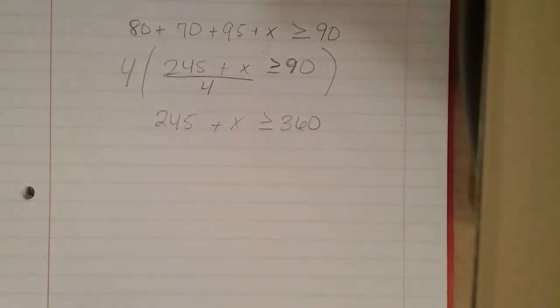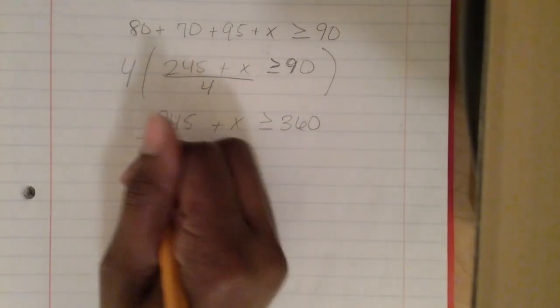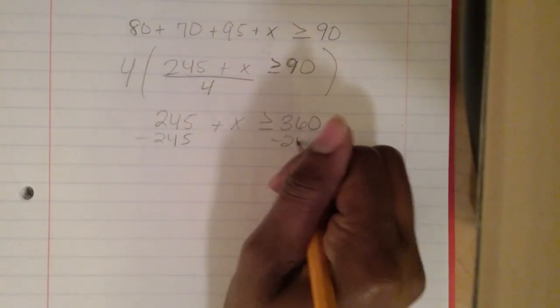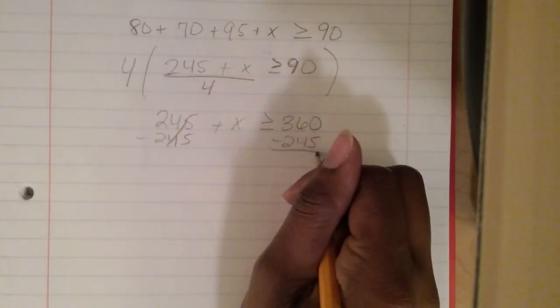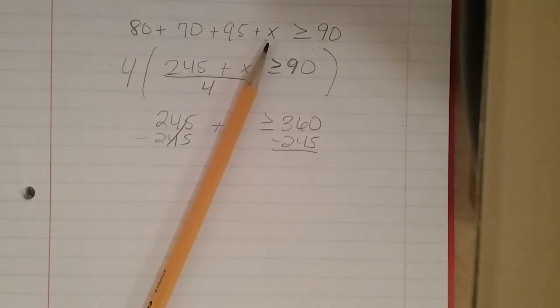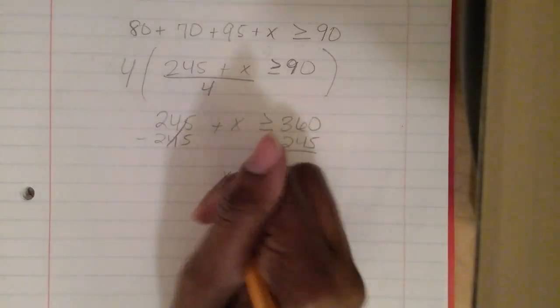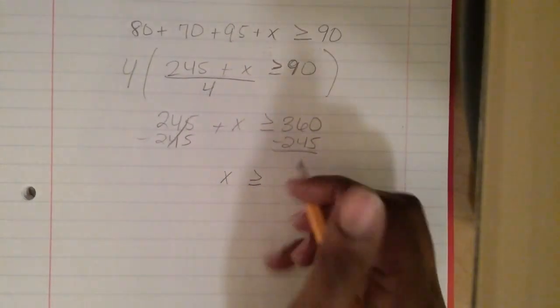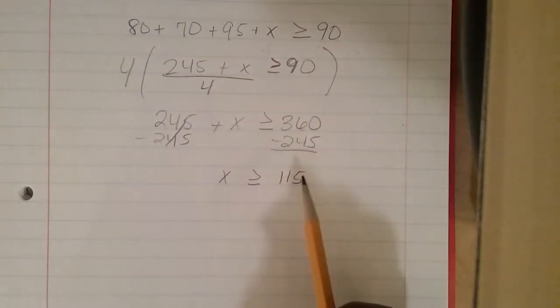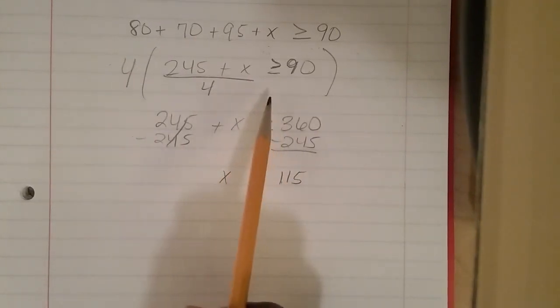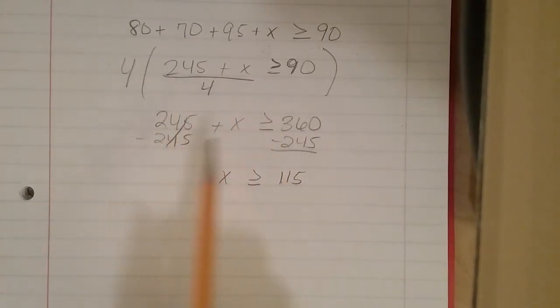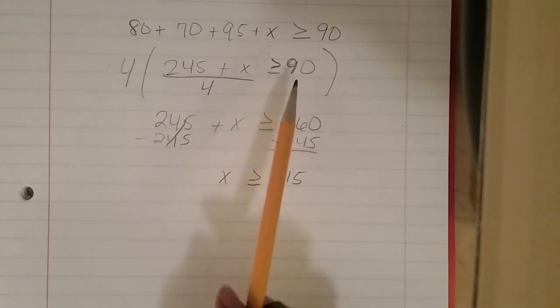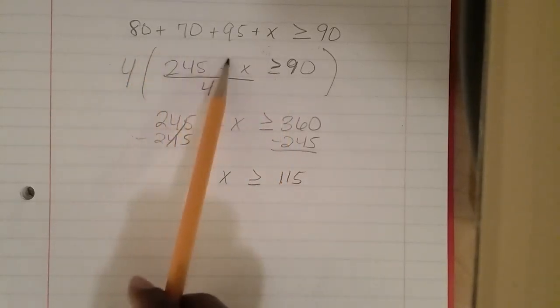Now we just simply solve for x. We're going to subtract 245 from both sides. And that gives us 360 minus 245, x has to be greater than or equal to 115, which means it's not possible for this person to get an A in the class, which is a 90 or above, because their other averages are way too low.